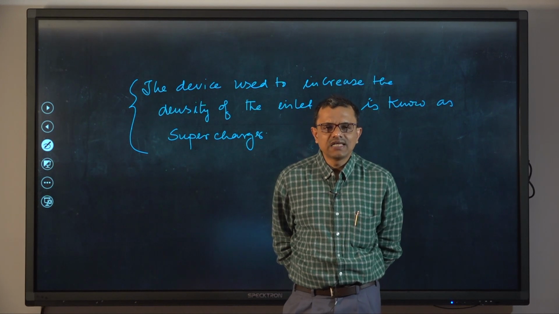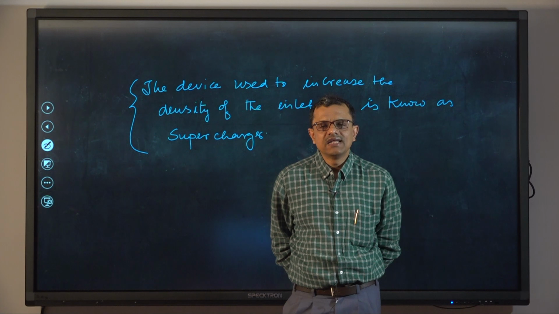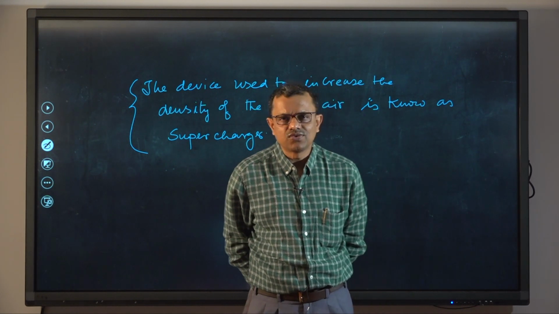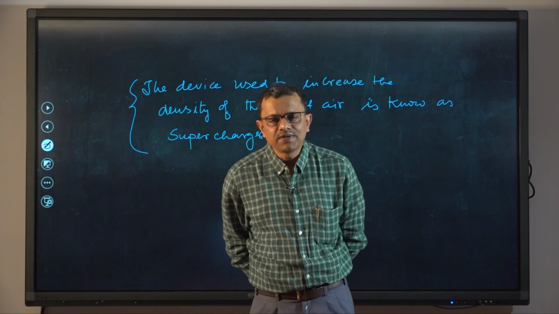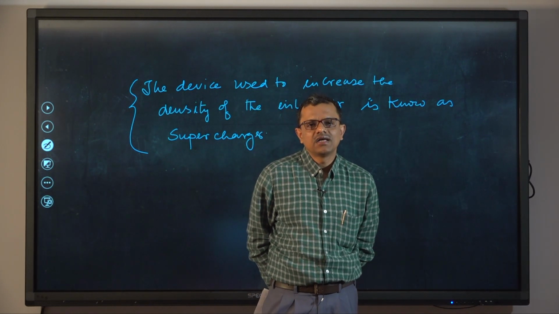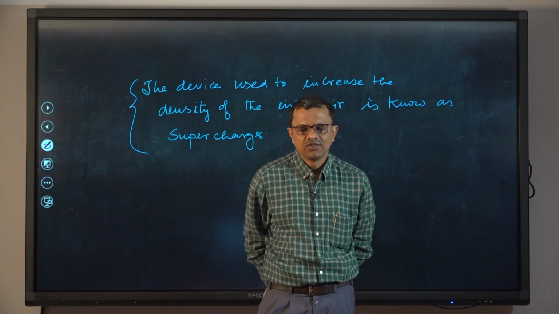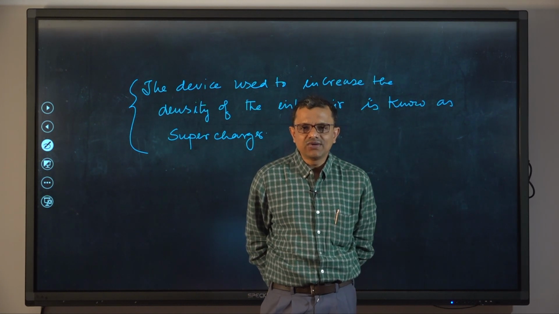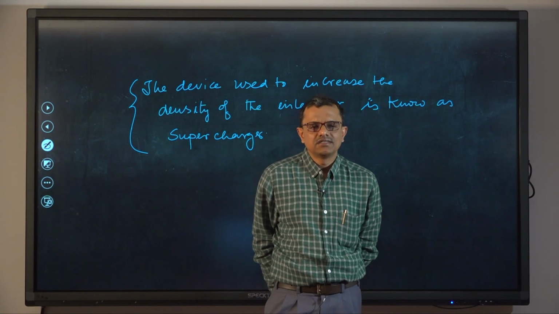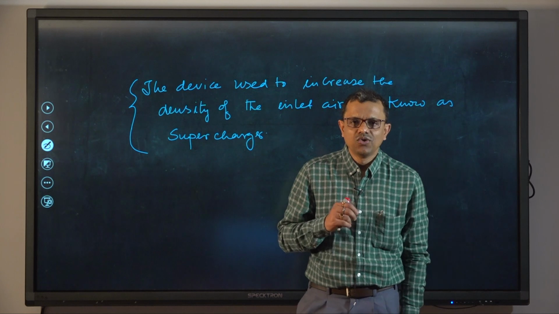Because for the SI engine, if we increase the compression ratio, then the rise in pressure at the end of the compression stroke will be more, and that pressure may lead to an important undesirable event which is known as detonation. So essentially to prevent detonation, the compression ratio is kept low.